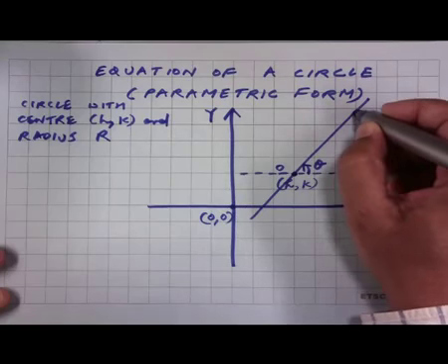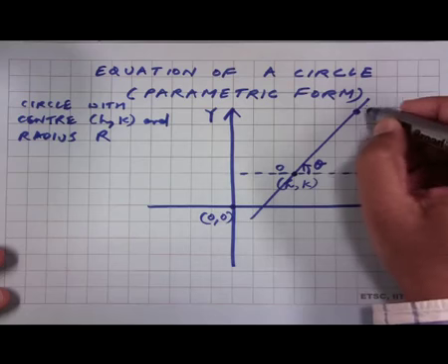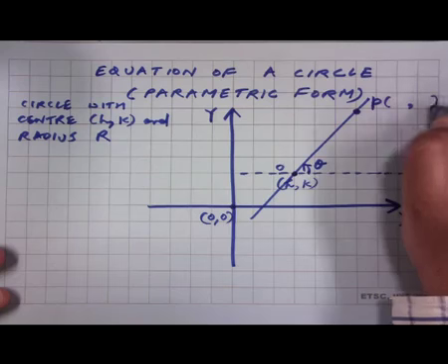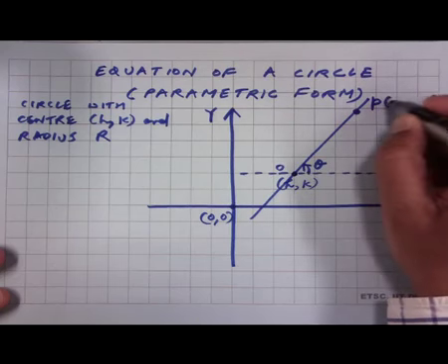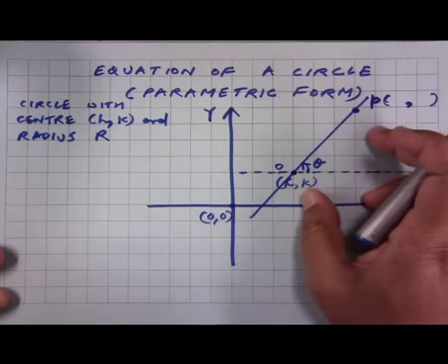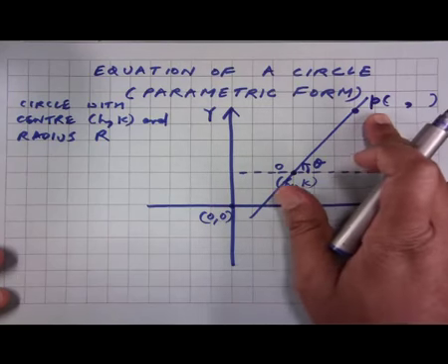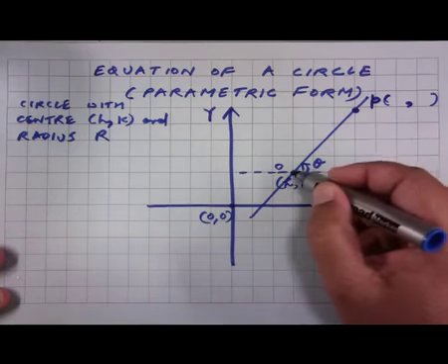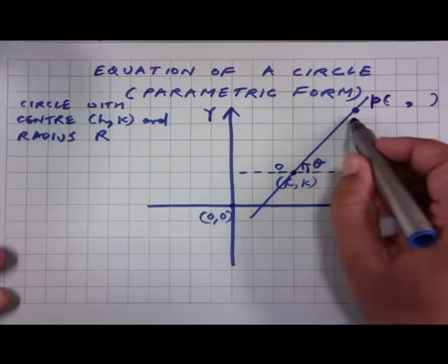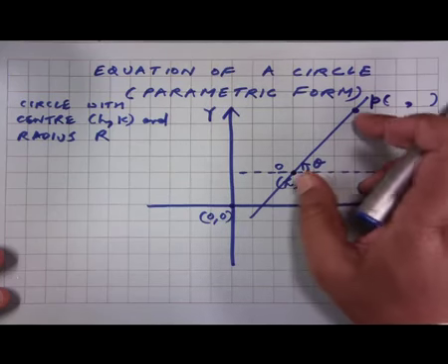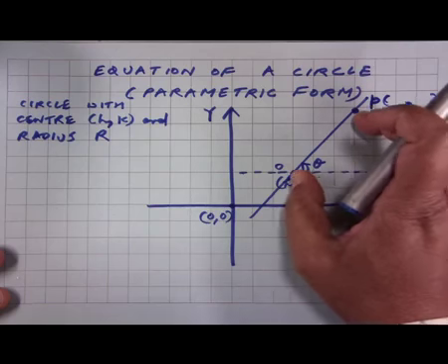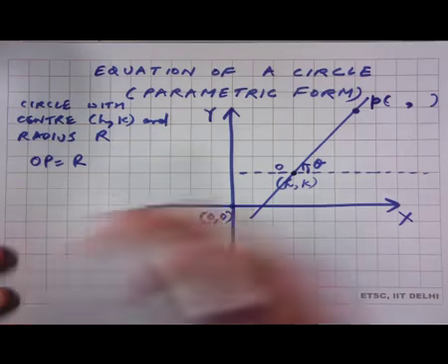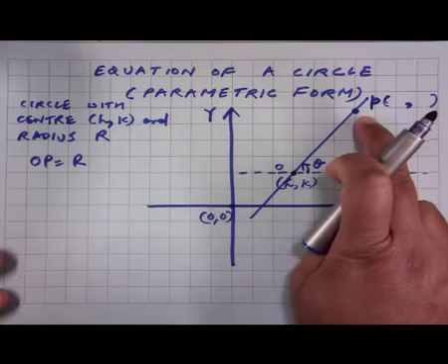Let us say that here we have a point P whose x and y coordinates we have to find. If you remember the way we found this point P, given this radius r, we started moving on this straight line in this direction until we reached this point P such that OP is equal to r. That is how we started finding points on the circle.